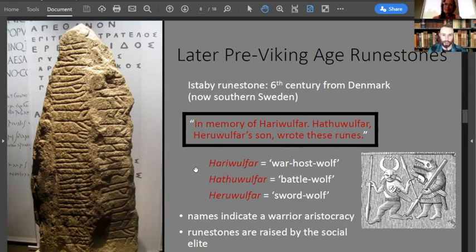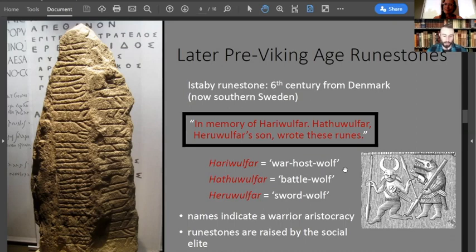So actually, Hati Wolfar, Hathu Wolfar, and Hera Wolfar literally mean war host wolf, battle wolf, and sword wolf. And so not only do they begin with the same letter and have the same suffix, but they also have a prefix that has a war-like meaning.